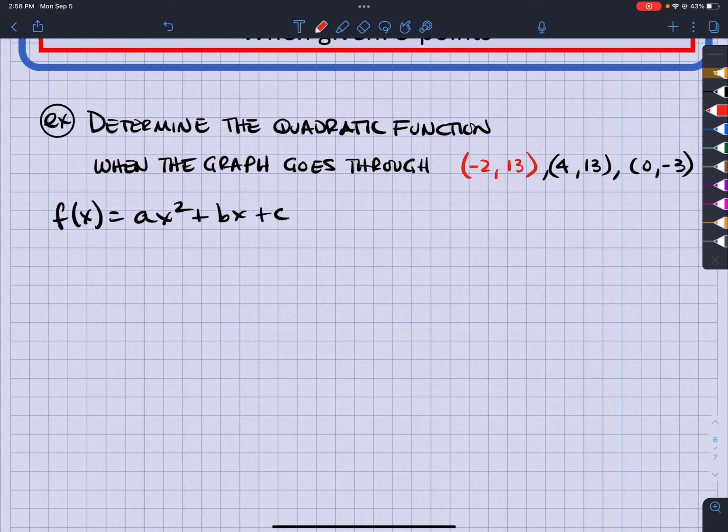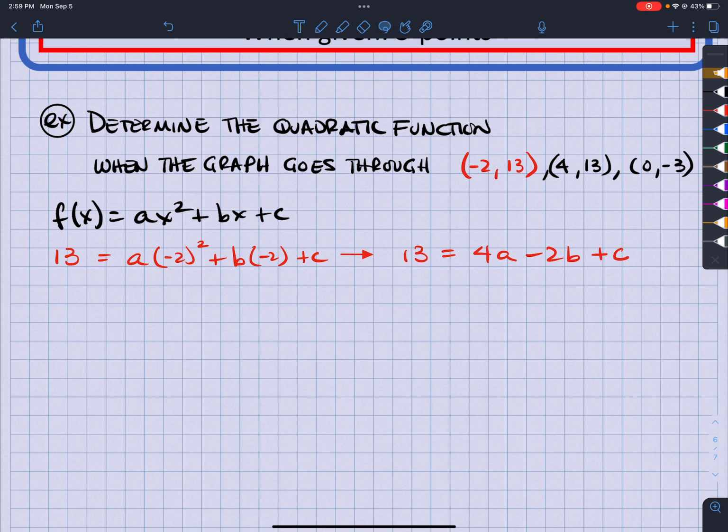When I plug it in, I know my y value is 13, and that's going to equal a times negative 2 squared plus b times negative 2 plus c. Okay, what does that give me? That gives me 13 is equal to 4a, because negative 2 squared is 4, minus 2b plus c.